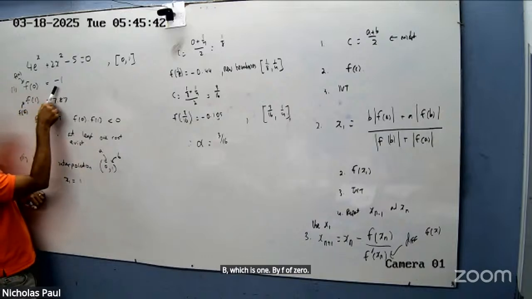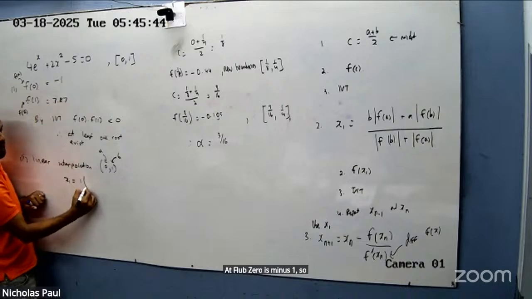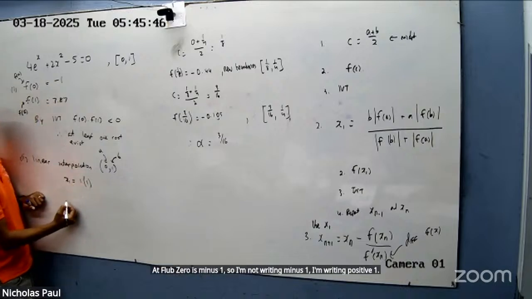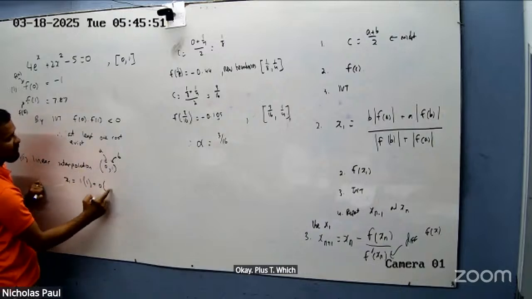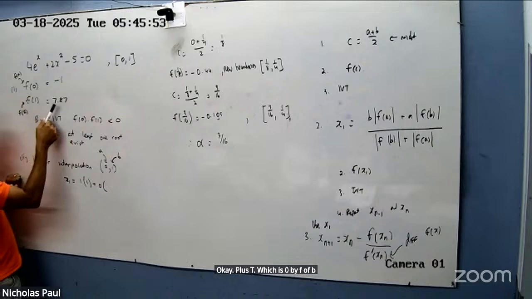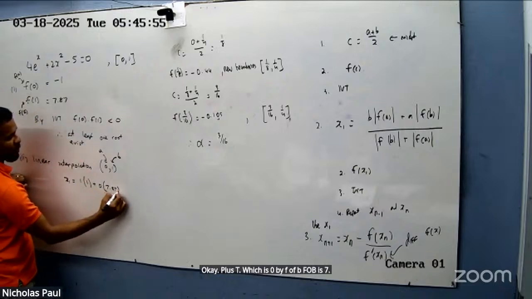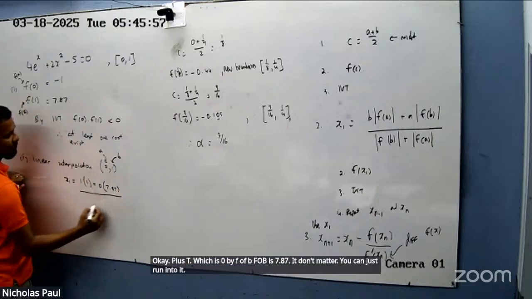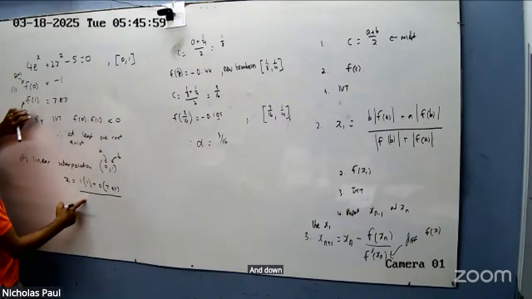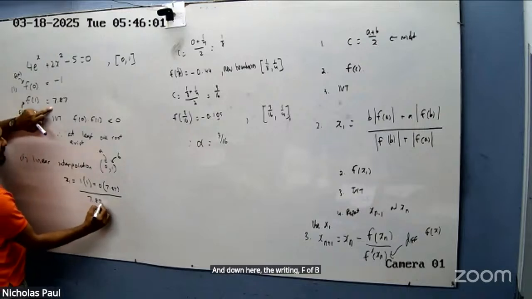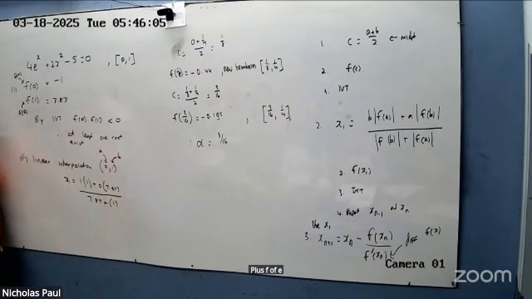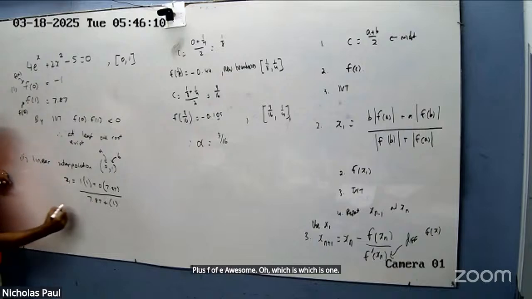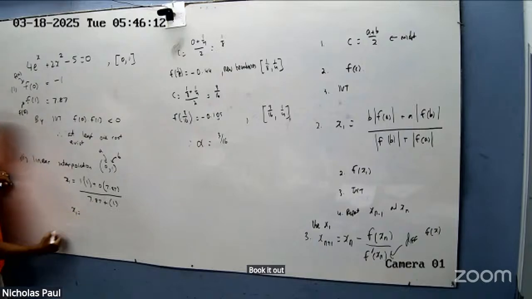F of 0 is -1, so I'm not writing -1, I'm writing +1, plus A, which is 0, by f of B, which is 7.87. It doesn't matter, you're going to get 0 anyway. And down here, you're writing f of B, which is 7.87, plus f of A, which is 1. Work it out and you get x1.